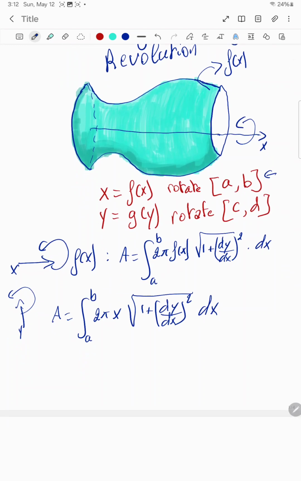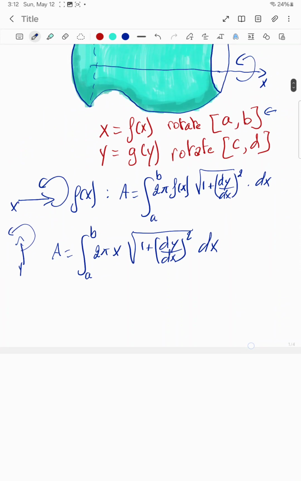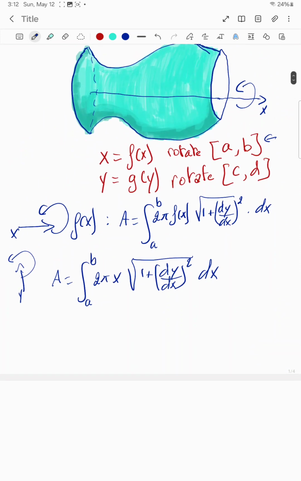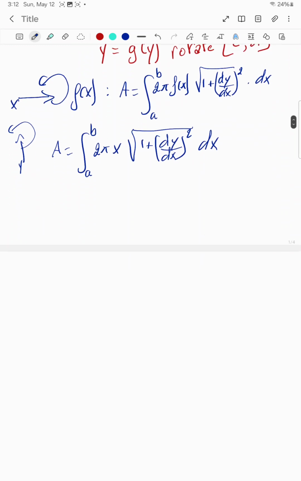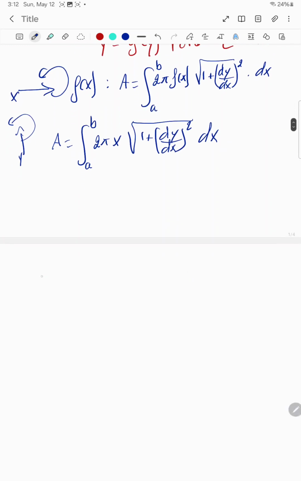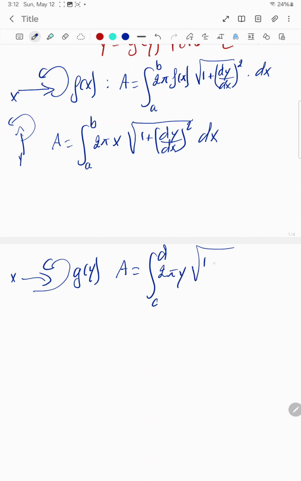Now, if I'm spinning g of y, so if I have a function like x equals g of y, and I rotate it around the x-axis, between c and d, the formula would be: the area is equal to the integral between c and d of 2 pi y times the square root of 1 plus dx over dy, squared, times dy.